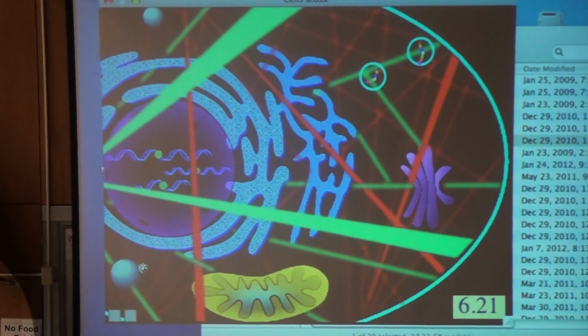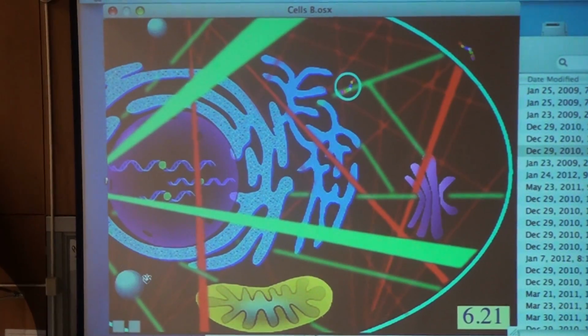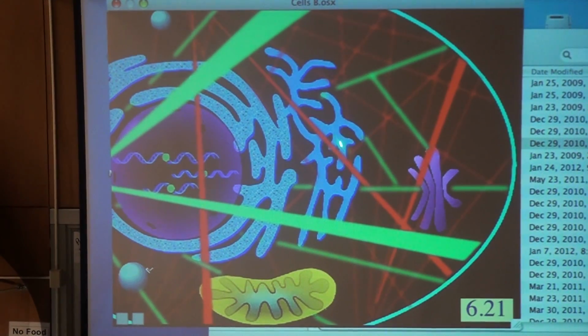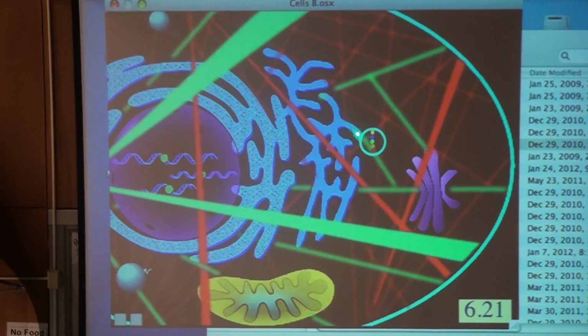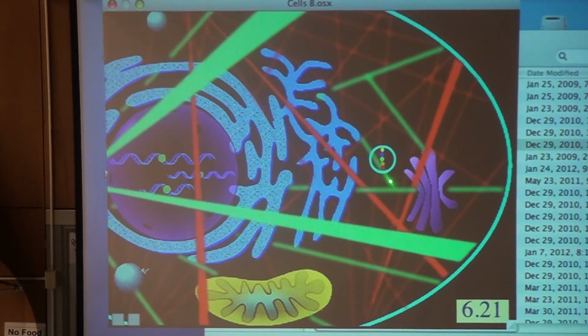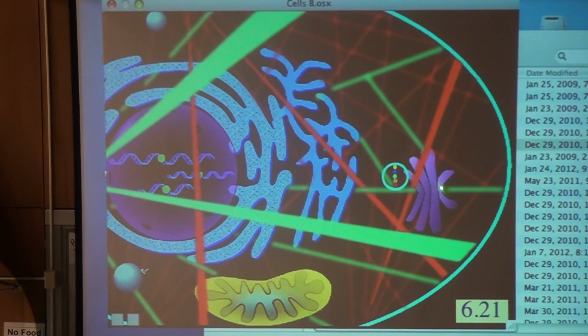Well, the answer is the vesicles use the cytoskeletal proteins as railroad tracks. The vesicles know if I go along this cytoskeletal protein, it leads to the Golgi, and so that's where I'm trying to get. That's the track I should take. Or the ones that get launched out of the Golgi, if they're supposed to go to the membrane, they know to take this cytoskeletal protein and then turn on that cytoskeletal protein to get to their destination.